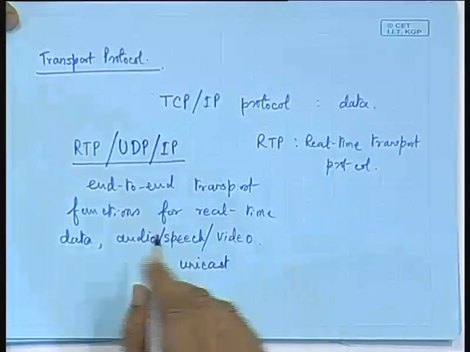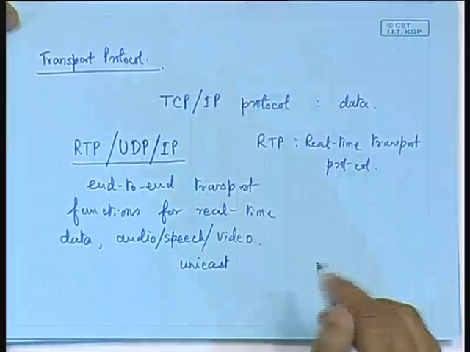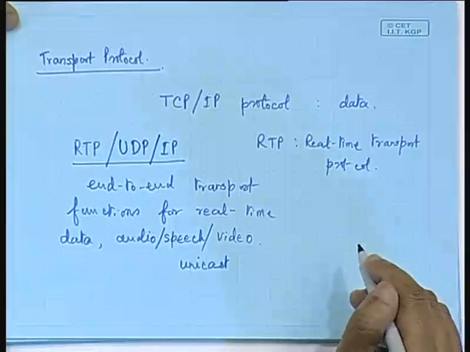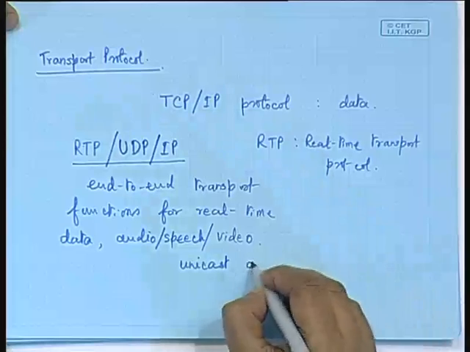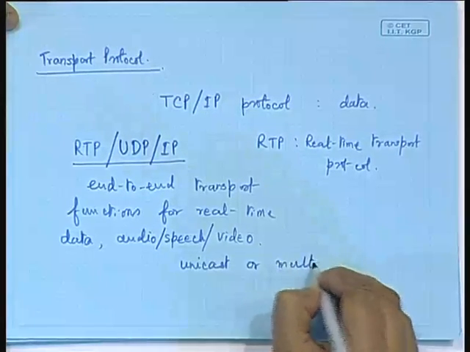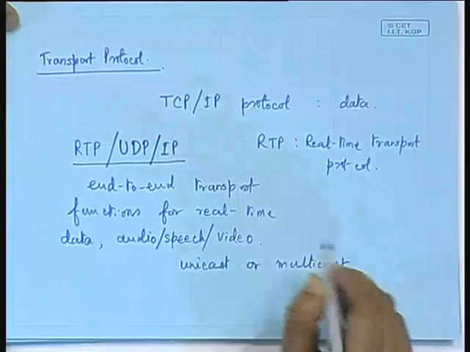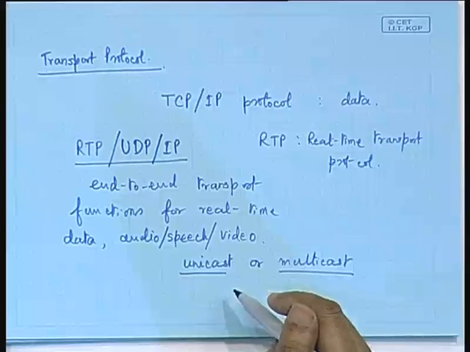Unicast means when it is from one point to another point, one to one communication, or multicast mode. Multicast means when we are transmitting one to many, when it is being used by many users, then it is a multicast configuration. So, for unicast or multicast, this RTP, UDP, IP can be used.